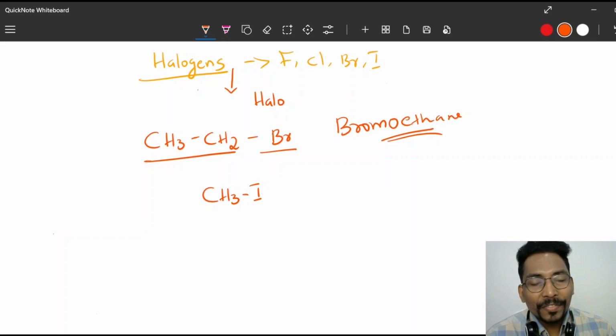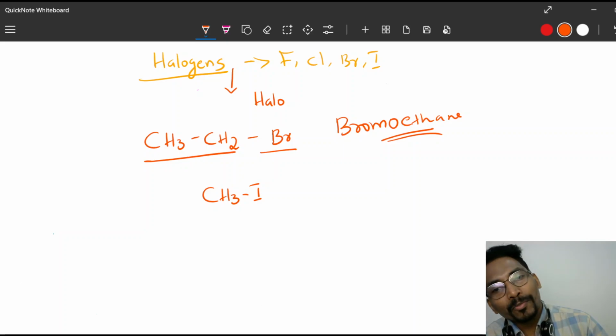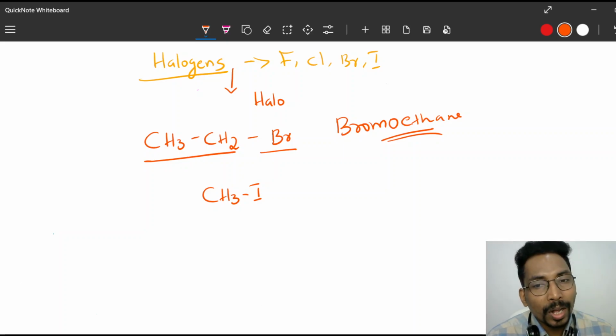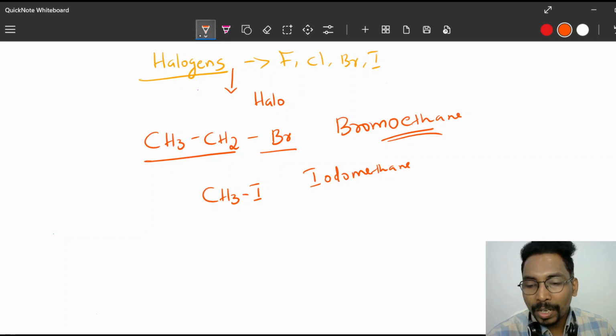You can see the functional group attached is iodine here. So definitely the name will start with iodo. Then how many carbon? 1 carbon. So methane. So iodomethane. Okay. Then next one.